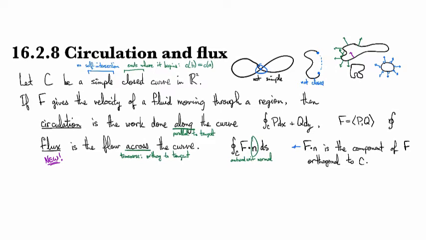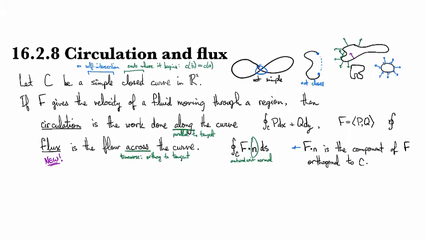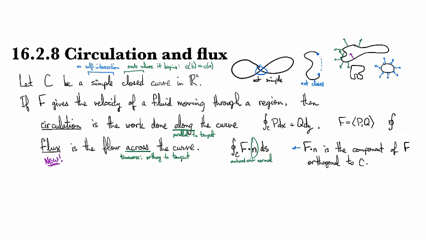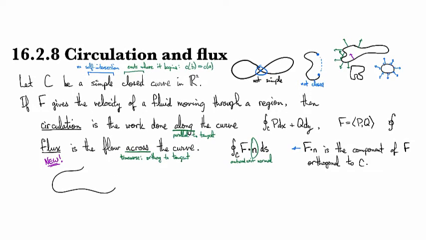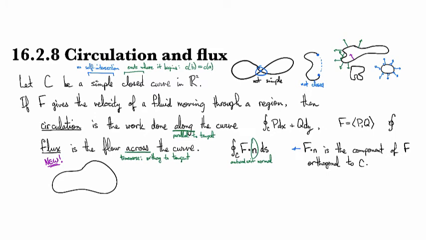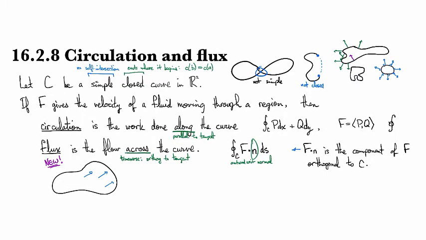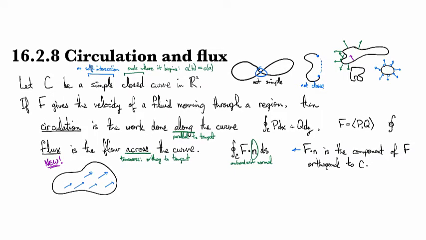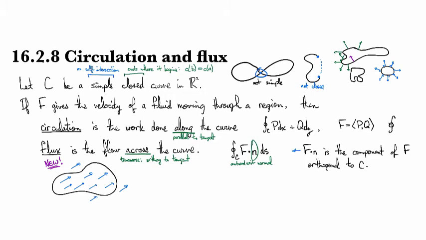Okay, so how are we going to get our grubby little mitts on this piece of the puzzle? So, by the way, if this is our curve and this is our vector field, just to make life easier, I'll take a vector field which is constant, always pointing in the same direction here.